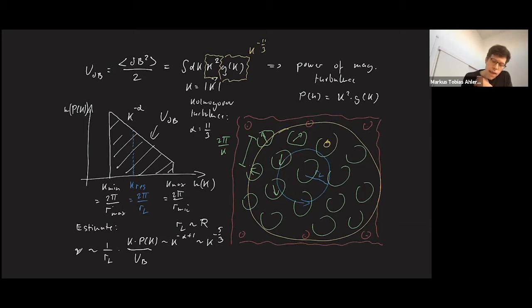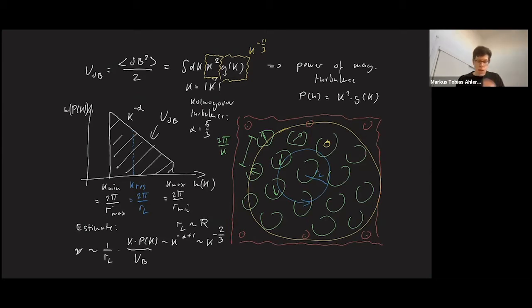So the alpha that I have here is going to be 5/3 and not 11/3. My mistake. So this alpha here is going to be 5/3. And so now if I look at minus alpha plus 1, this is going to be minus 2/3.